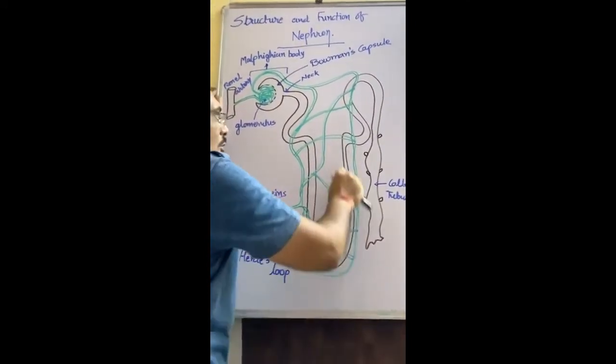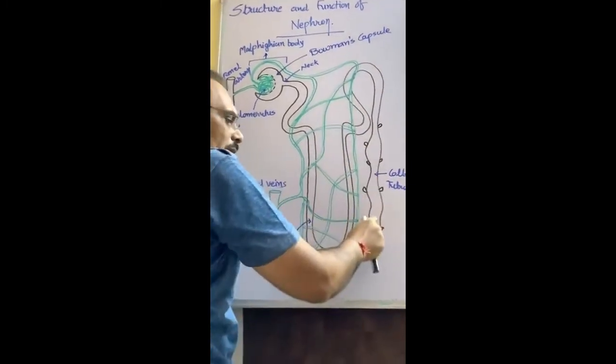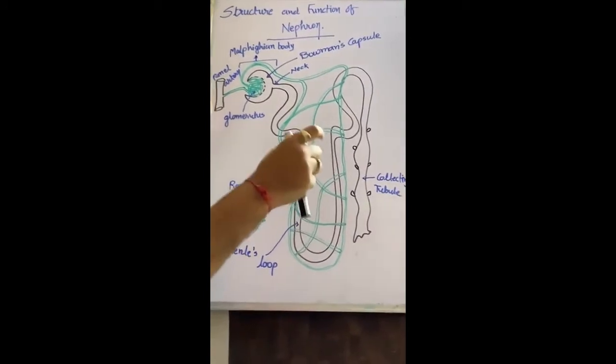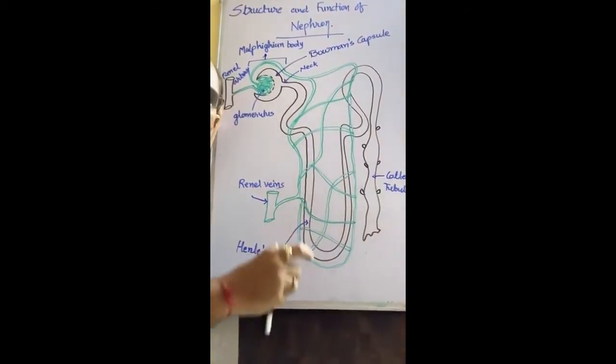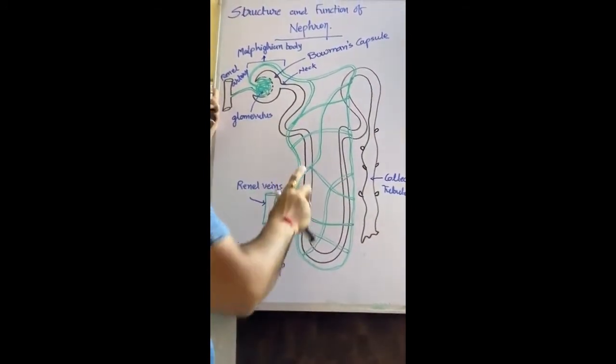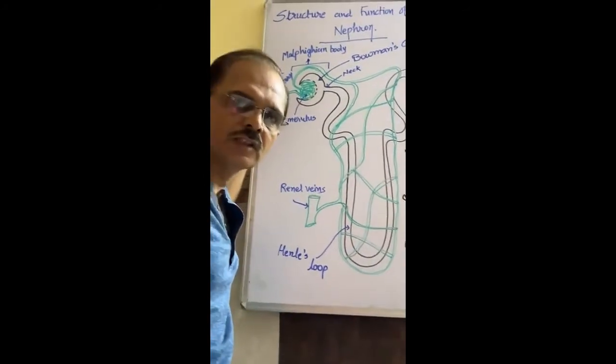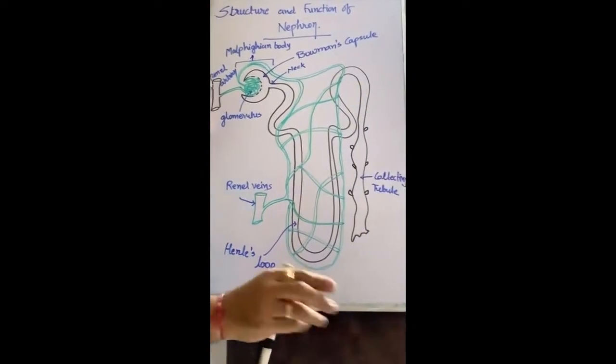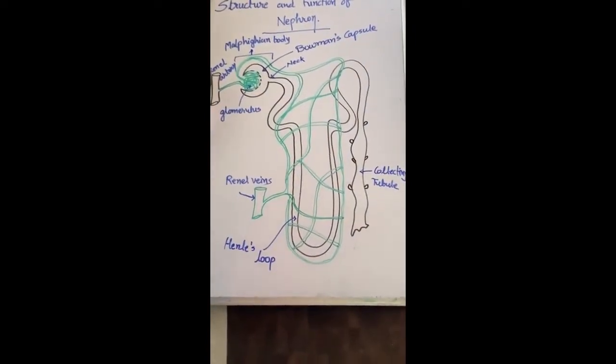Through the Henle's loop, it enters into the collecting tubules, and collecting tubules are connected with ureter, and ureters are connected with urinary bladder. That means urea, uric acid, nitrogenous substances and waste material enter into urinary bladder, and after that it comes out from the urethra.